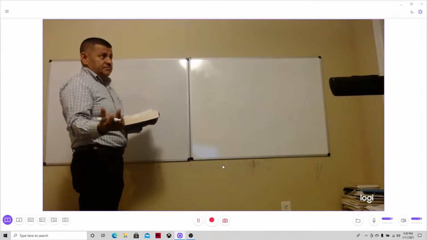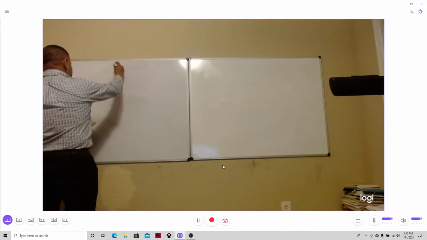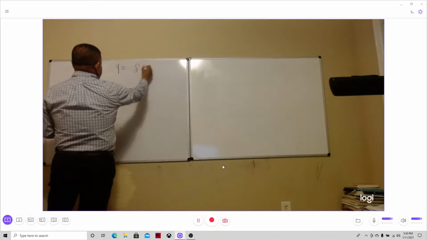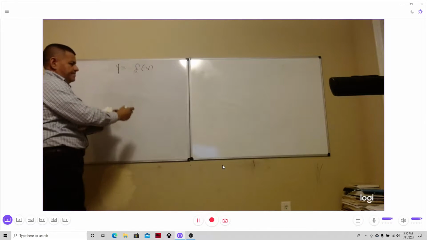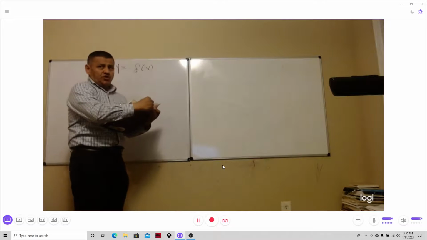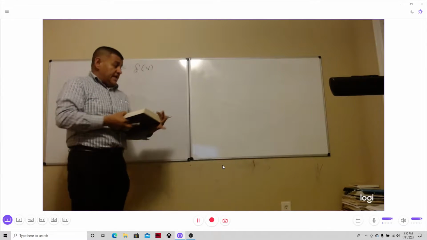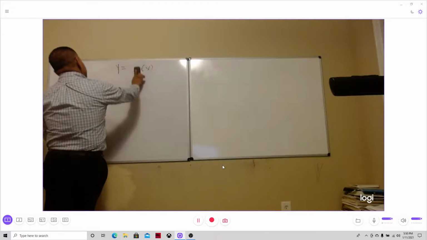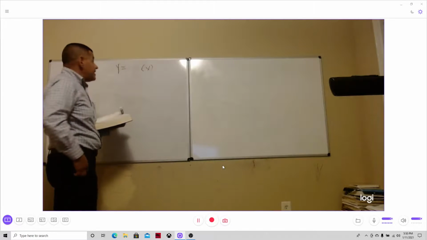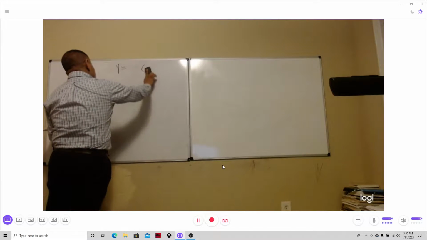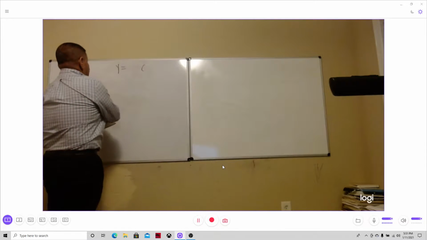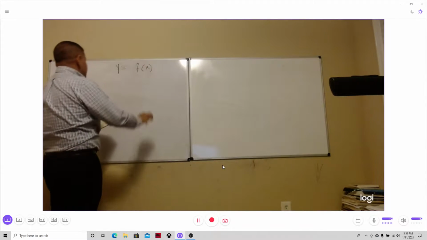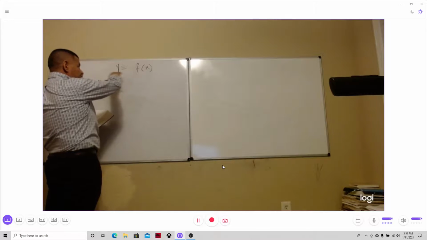So sometimes we say that y is an implicit function of x because we can write that y is equal to f of x. If that is true, the book says, that means we write implicitly, that y can be written in this form.